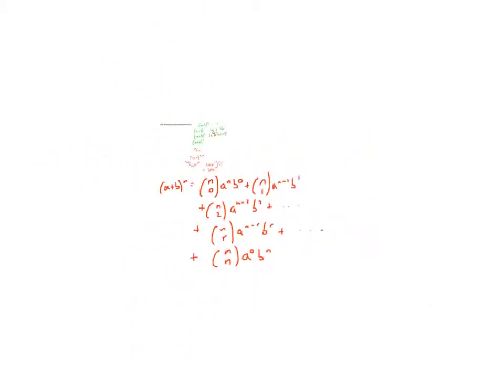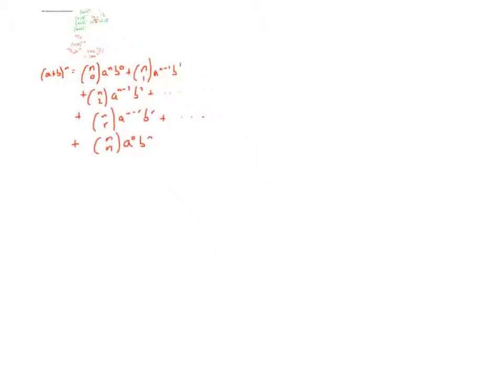But the one I want us to know goes one step further and makes it so much easier, because this looks rather complicated, I think. But if we let a equal 1 and let b equal x, we get 1 plus x to the power of n.